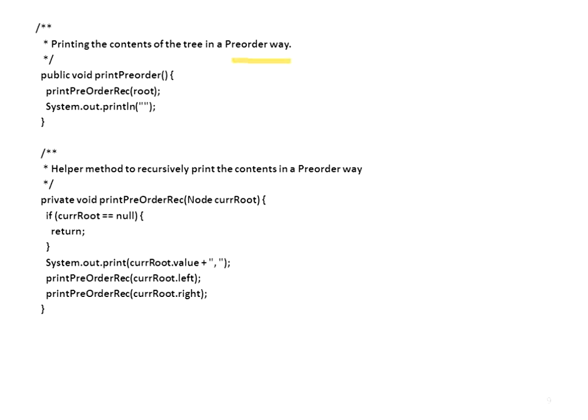Okay, I will repeat it again. In case of pre-order, first of all, you have to visit the root node, and then you have to visit the left subtree. First of all root, then left subtree, and after that, right subtree.